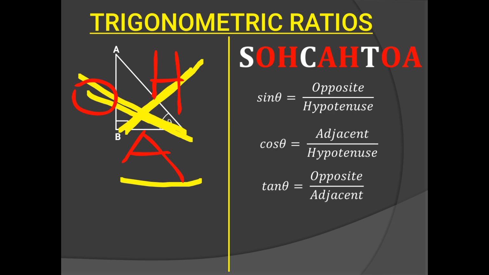Can you see something? OAH. Look, there is an O here, there is an A here, another A here, and then an H over here. Now you can see all the letters are gone: we have OO, AA, and HH.